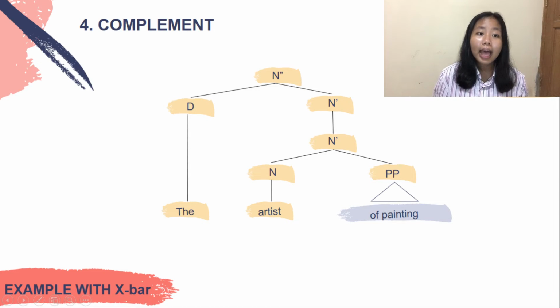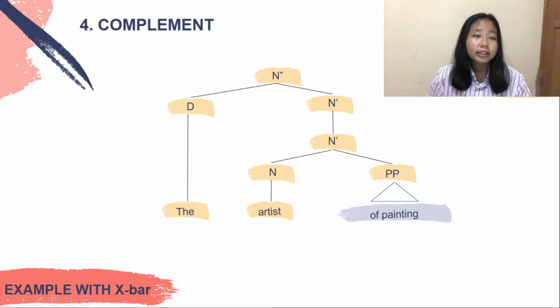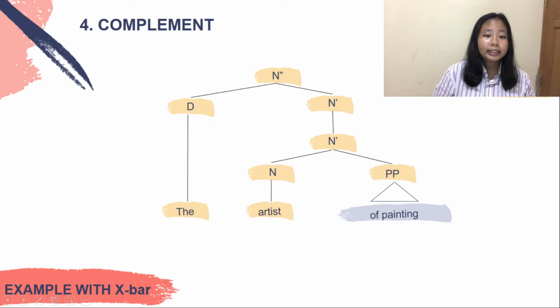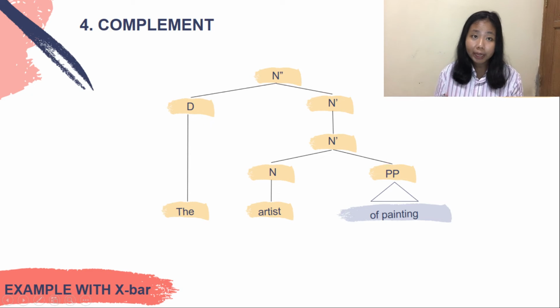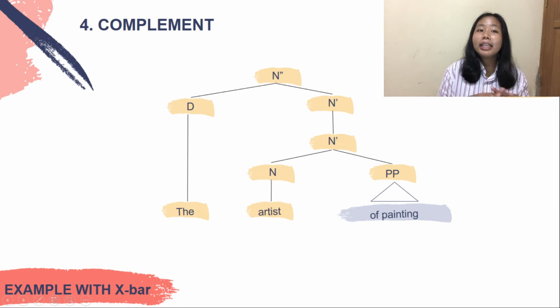Okay, the last example of noun phrase is complement. The example of complement is the artist of painting. The tree diagram shows that N double bar branches into determiner and N bar. The stands as the determiner.